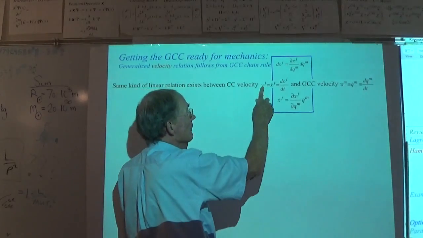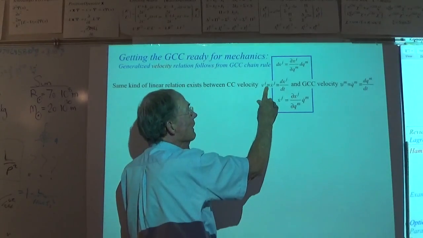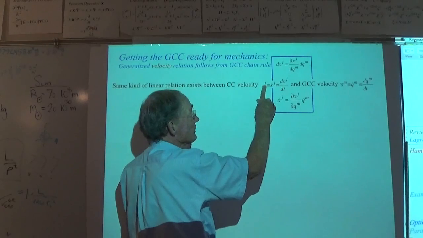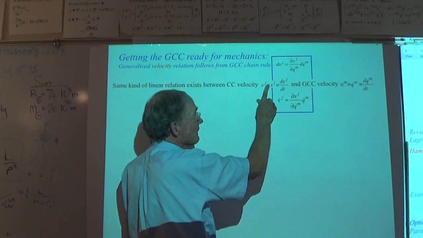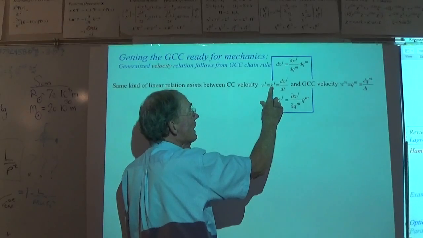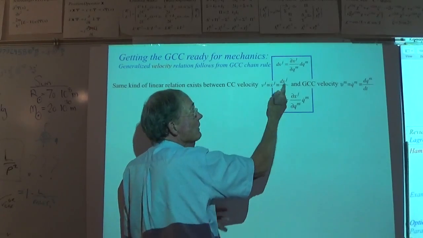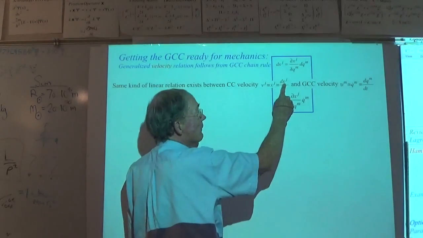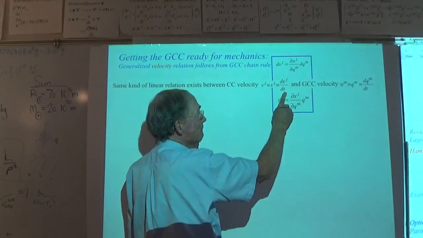And the velocity component, here Cartesian, 1, 2, 3, x, y, z, or x dot, y dot, and z dot, is the derivative of x, y, or z with respect to time.